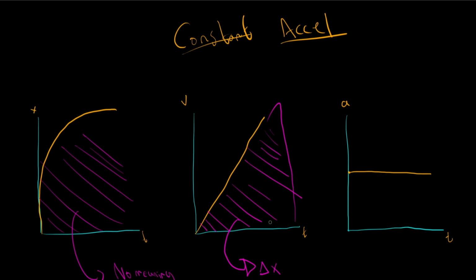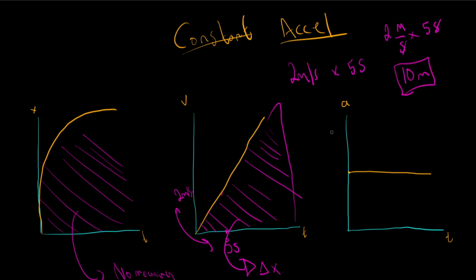And it makes sense because if you think about it, as time goes by, if you take 5 seconds here, and you're traveling at 2 meters per second, then if you were to multiply them, 2 meters per second times 5 seconds, the seconds would cancel out, and you would be left with 10 meters.